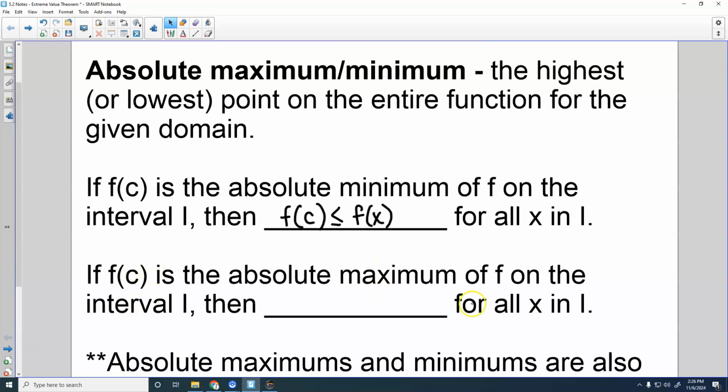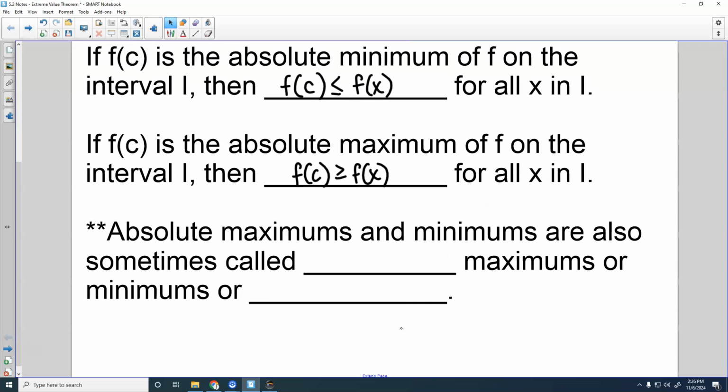For the maximum, it's very similar. If you have an absolute maximum, then f of c is greater than or equal to f of x for all x in that interval. Absolute maximums and minimums are also sometimes called global maximums or minimums, or extrema.